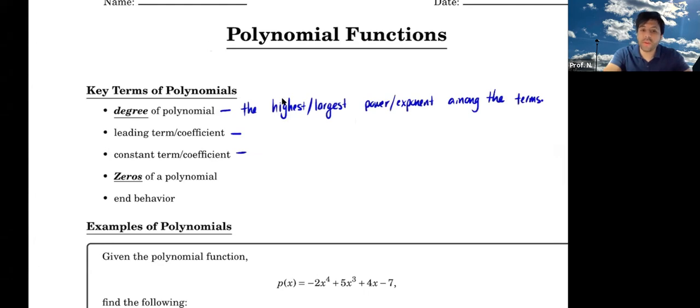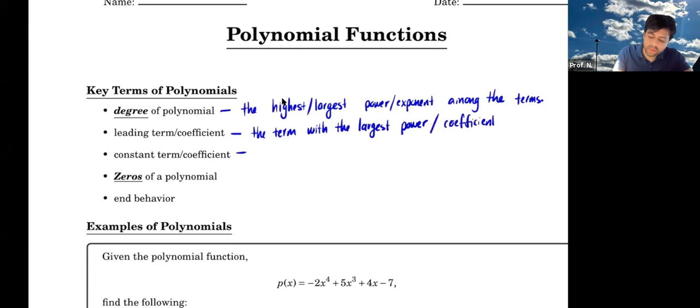And then the leading term is the term with the largest power, and the leading coefficient is the coefficient of the leading term.